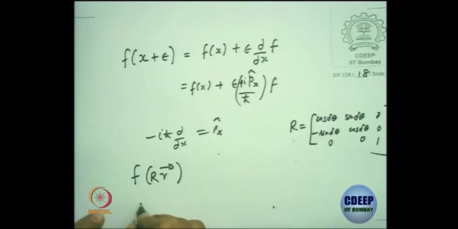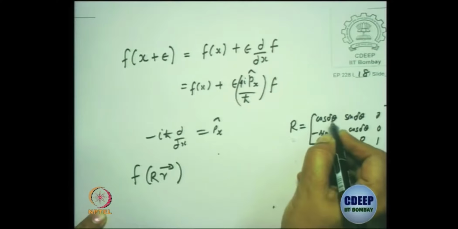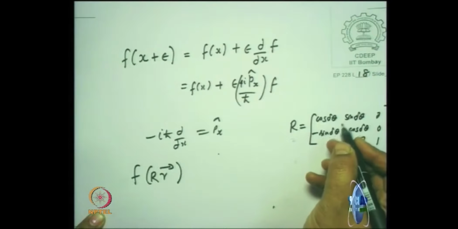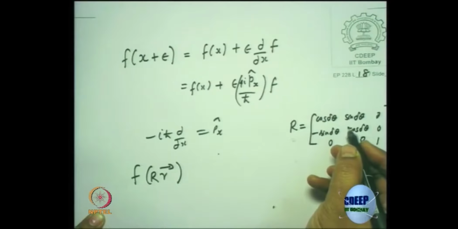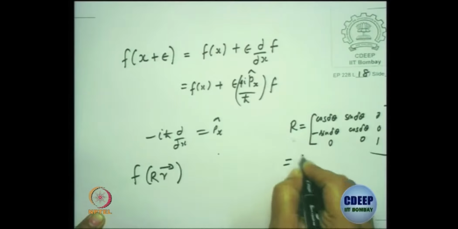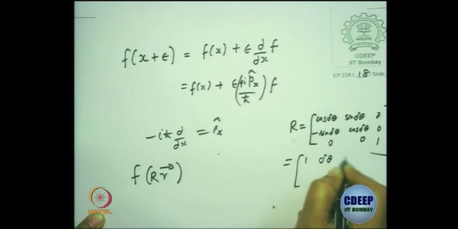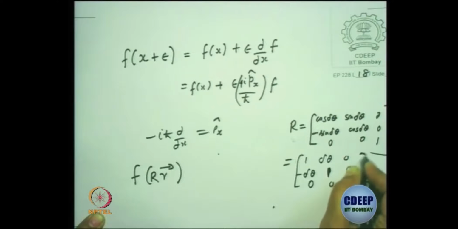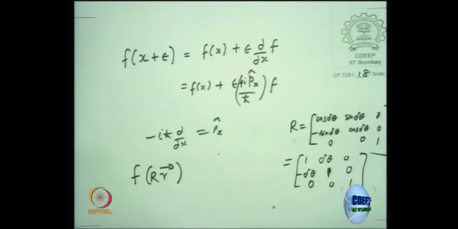So what is r? For delta theta small, keeping only the linear term in delta theta, this can be written as 1, delta theta, 0, minus delta theta, 1, 0, 0, 0, 1, right? Can I do this? So what is this?